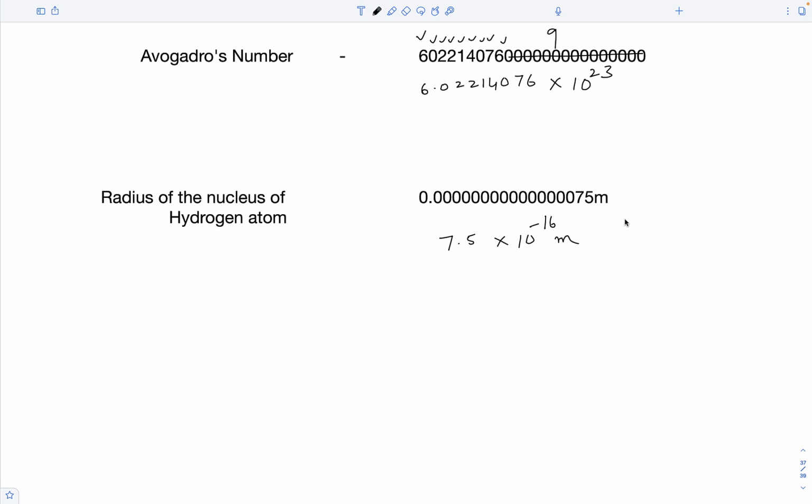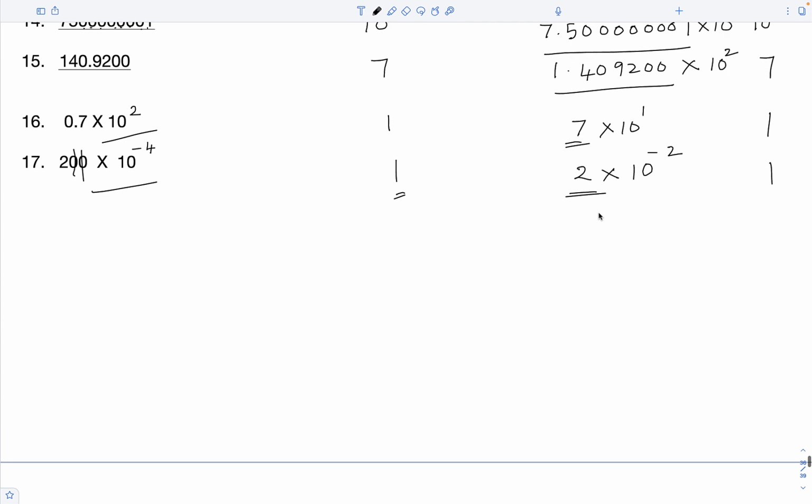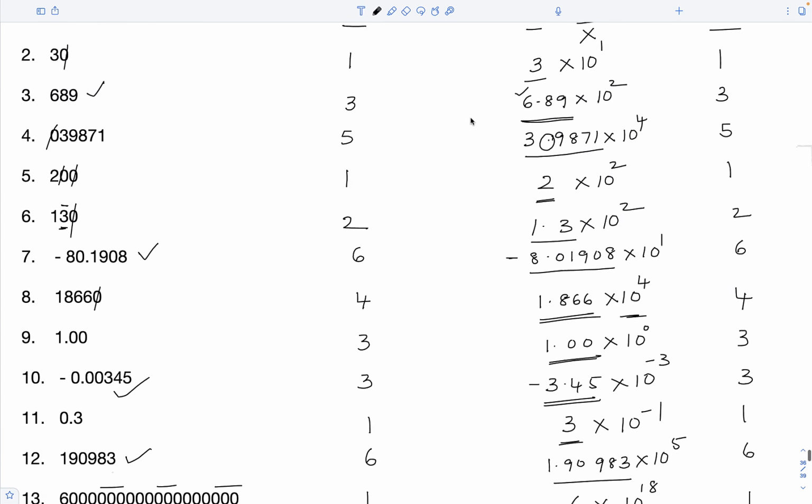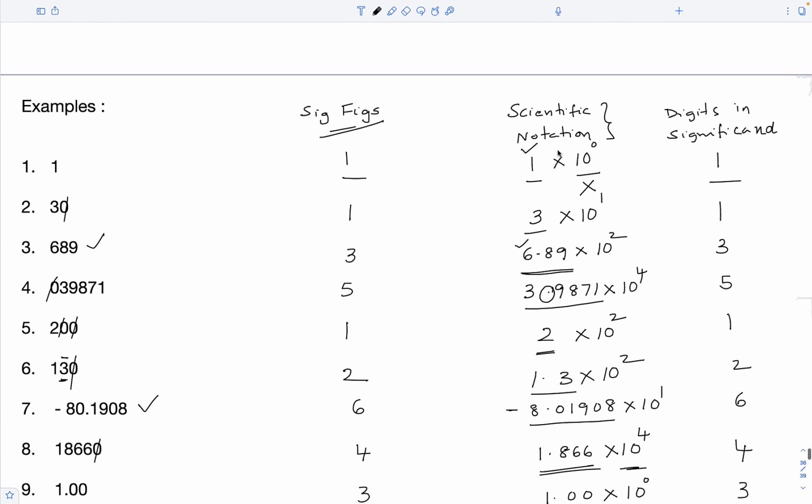So, scientific notation can be used as a shorthand notation to represent some really large or some really small numbers. And it can be used to convey the number of significant figures without any confusion as well.